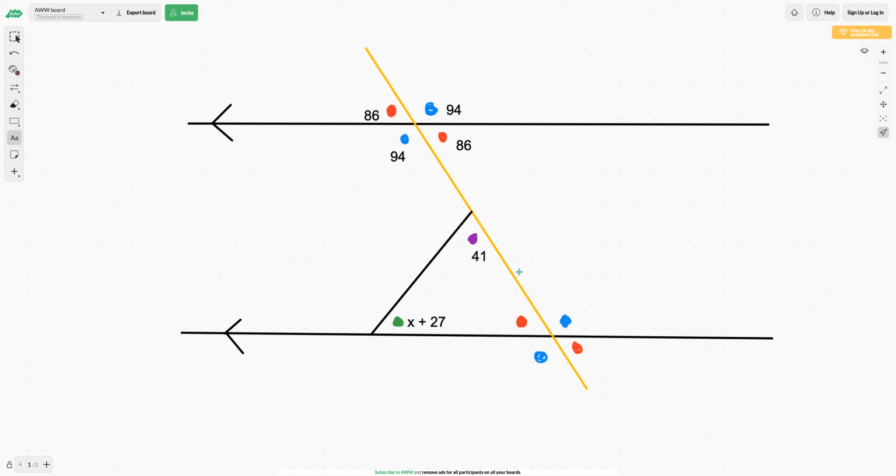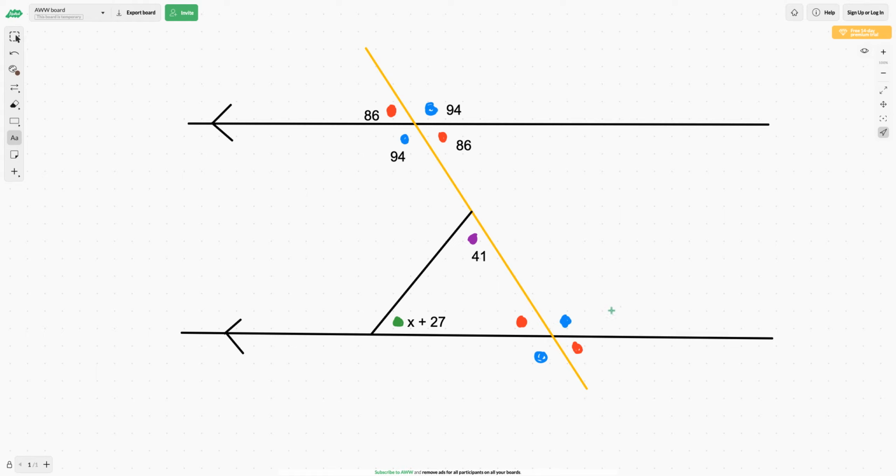Now let's try this angle right here, this blue one down here. This angle and this angle are same side interior angles, which means they're on the same side of this intersection, and interior means they're in between these two parallel lines.